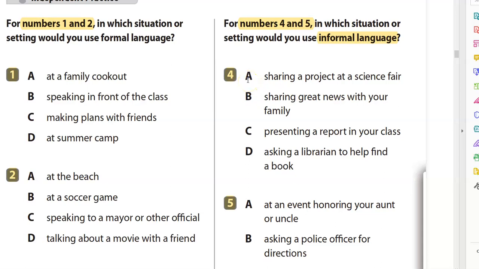Number 4 says A, sharing a project at a science fair, B, sharing great news with your family, C, presenting a report in your class, D, asking a librarian to help find a book. So which of these is a situation or setting where you would use informal language?